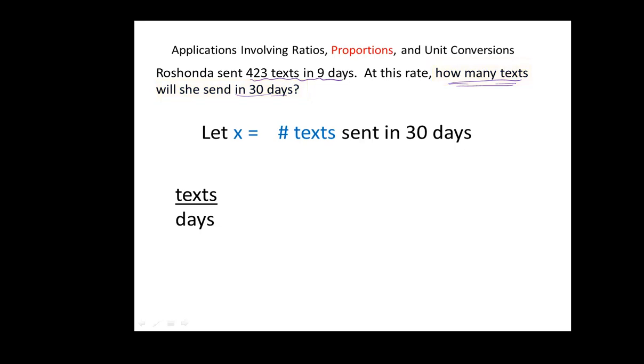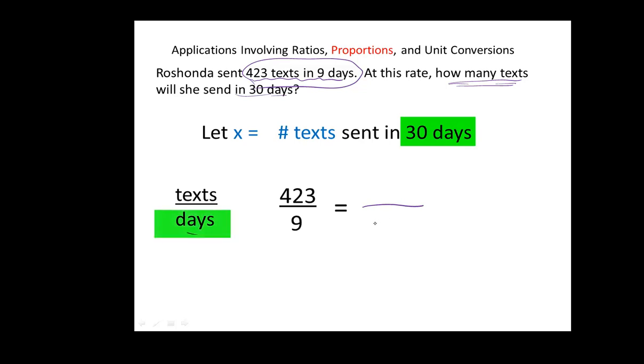Now we're going to set up our ratio. We're going to say texts over days. We could have set up days on top and texts on the bottom. That would have been fine as long as we were consistent. So using texts over days, we're going to start with what we've been given here, 423 texts in 9 days. Now, what is this equal to? We know that we have 30 days.